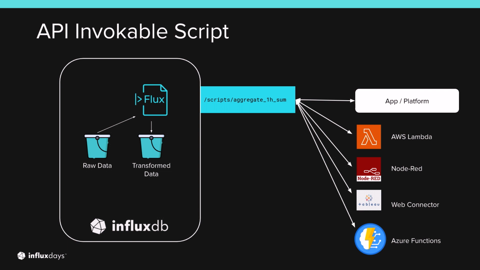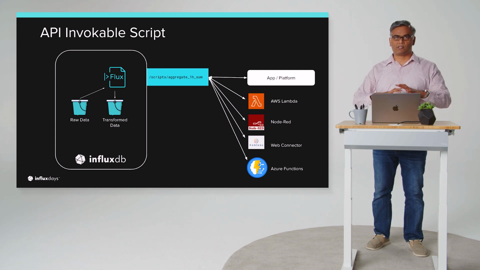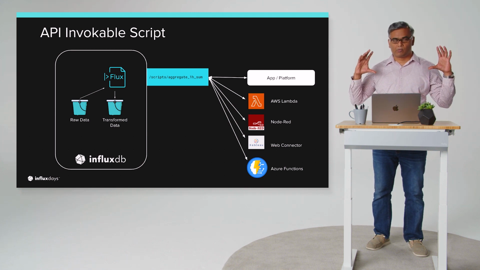You can simply think about it as a trigger, right? There's an external event, and you can do that. This also allows you to serve a set of users who want to use that API for other reasons. They can't write Flux and so on, but you can help them invoke that API, send in particular values, and get the results. Really powerful from that perspective.